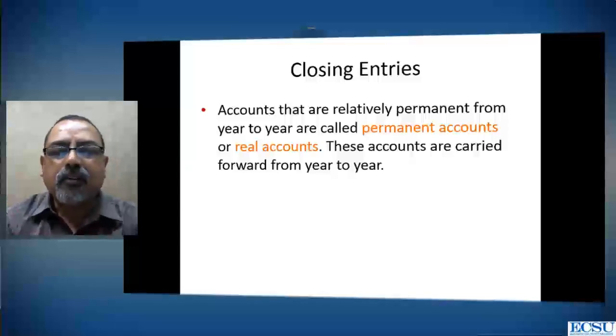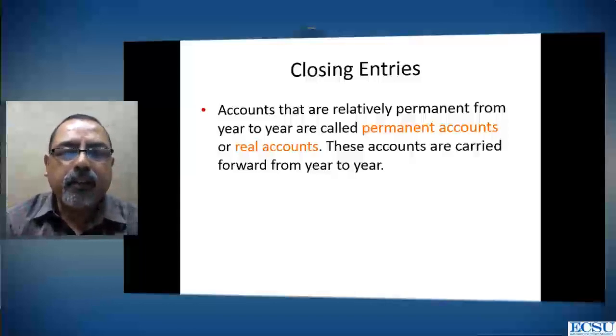Now these accounts are carried forward from year to year. Supposing you have cash, land, inventory, plant and machinery, all those accounts will be carried from one year to another. Capital, drawings account, owner's equity accounts, all that will be carried forward to future years.